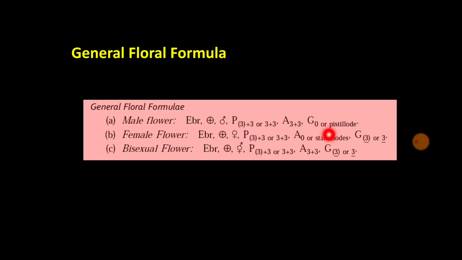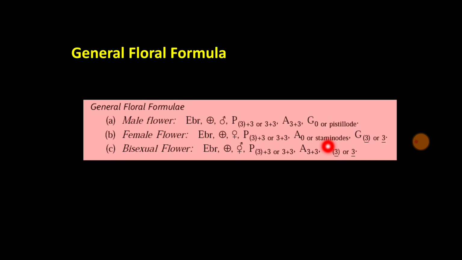G0 or pistillode, that means in case of male flower no carpels, or the pistillode, that means the sterile pistil or sterile gynoecium may be present. Female flower: ebracteate, actinomorphic, female, perianth parts 3 plus 3 or (3) plus 3. A0, that means in female flower no stamens or staminodes.